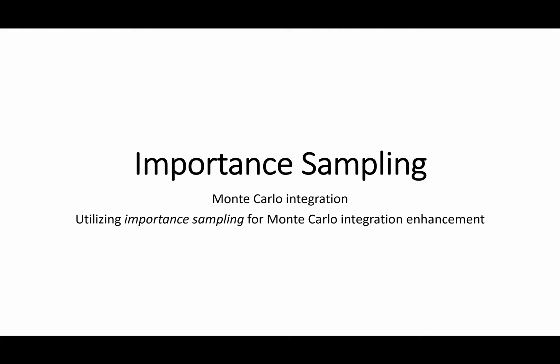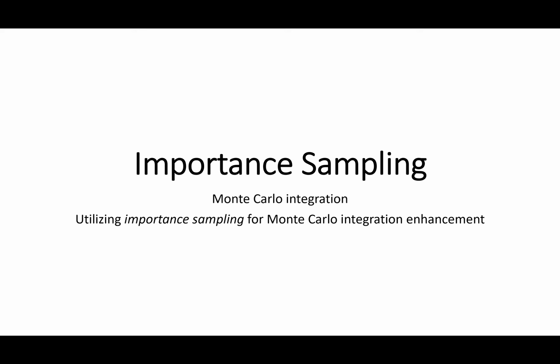Hi guys, welcome to another video from the series about statistical sampling, and in today's video I want to go over the topic of importance sampling: what it is, why we use it, and how it works.